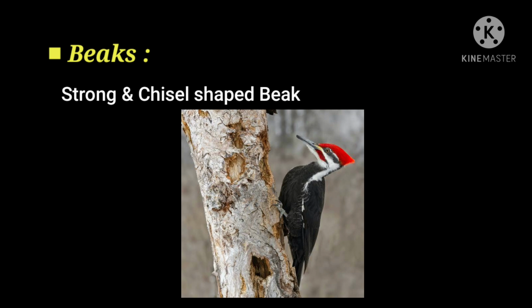We know that birds like woodpecker, hummingbirds make their nest in the tree trunk. And this beak also helps them to catch the prey from the holes of the trunk of the tree.